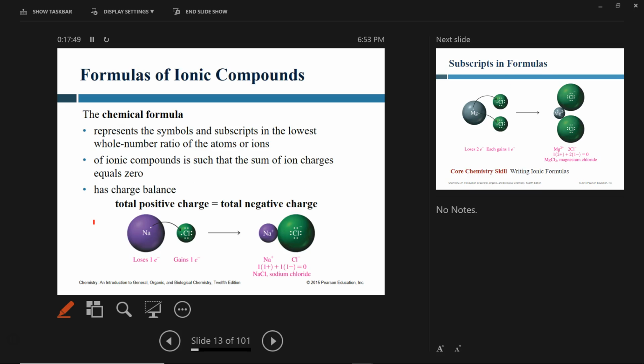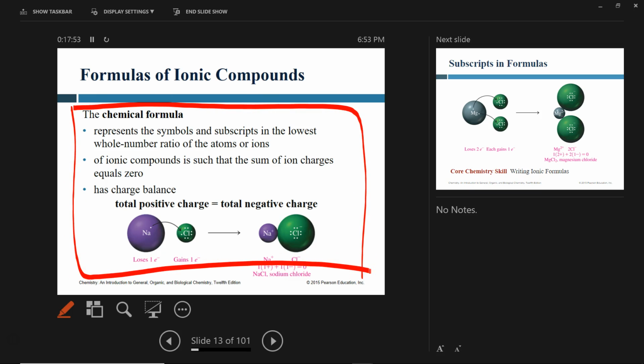So, we talked about formulas, so I'll be very short about them. What do you need to remember when you write the formulas of ionic compounds? Charges. That's number 1. I will ask you on the exam for this unit, not the one that will be on Monday, but for this unit, to write down the formulas for ionic compounds. Am I clear? So remember, it has to be electrically neutral.